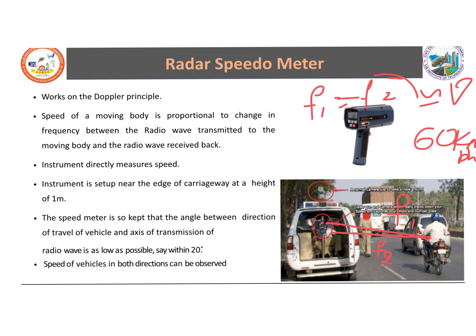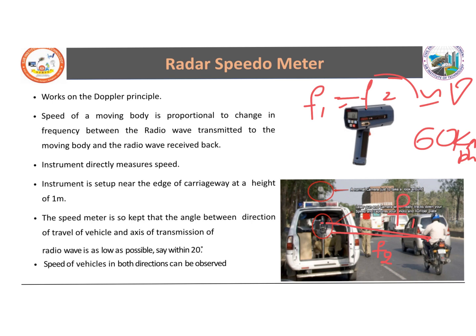You will have a chart which shows the relationship between the speed and the frequency. So knowing the difference in frequency, you can determine the speed at which the vehicle is traveling. But you need some initial adjustment for accurate data.